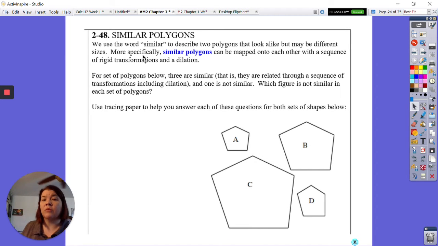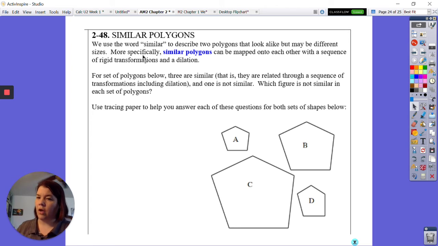More specifically, similar polygons can be mapped onto each other with a sequence of rigid transformations and a dilation. For the sets of polygons below, 3 are similar, that is, they are related through a sequence of transformations, including a dilation, and 1 is not similar. So the other transformations will be shifting, translating, all those things happen too. Okay, and 1 is not similar.